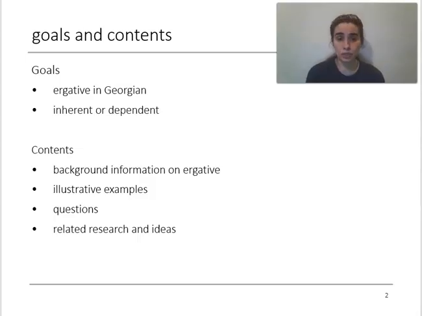At the end of the talk, I will give you related ideas for your further research, and you can download one of the reference lists, which is quite big.